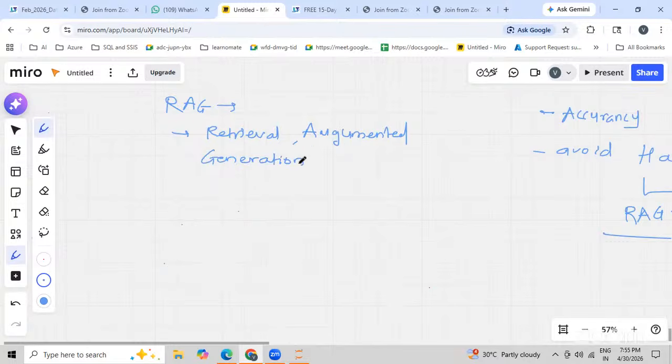It is an AI framework that improves LLM accuracy.